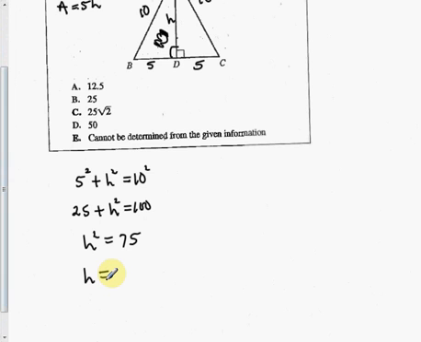Okay, I'm Pat Sajak. If h squared is equal to 75, h is equal to, now how do I go from h squared to h? What did I do? Okay, so if I take the square root over there, I must do what to this side?